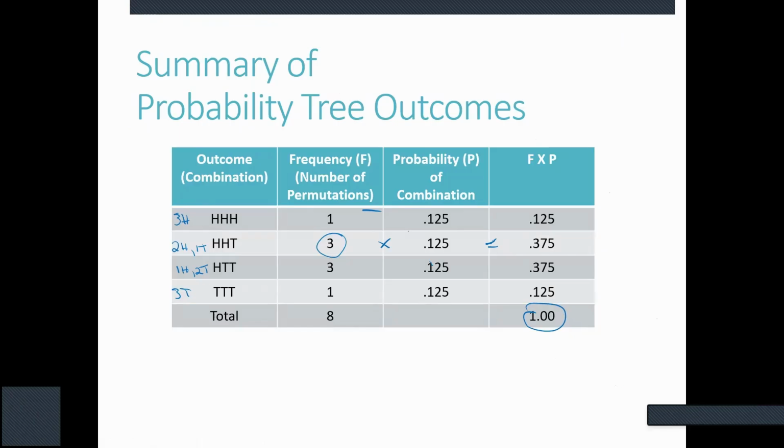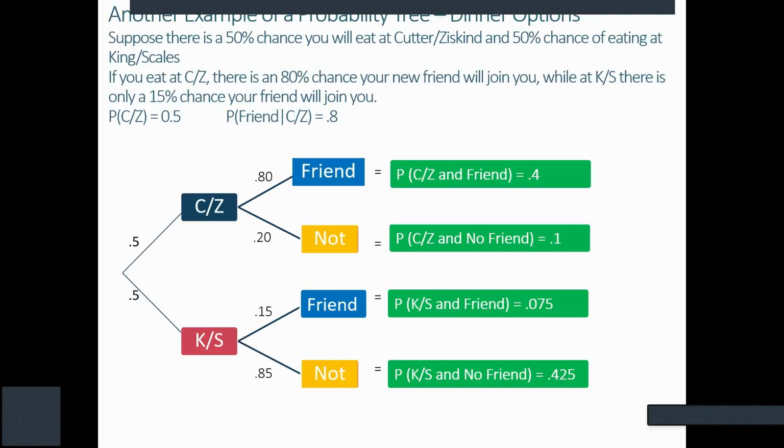So this is a case where the outcomes were independent. Let's do a case that's more like our Packers and Vikings, where they're not independent. And so suppose there's a 50% chance that you will eat dinner at Cutter Ziskin and a 50% chance of eating at King Scales. All right, so this starts off the same with a 50-50. 50% that you end up here, 50% you end up here.